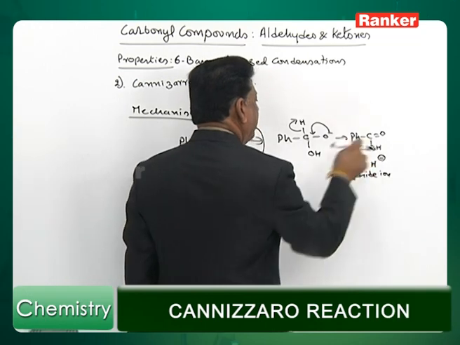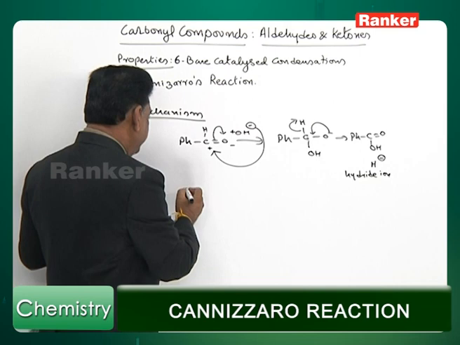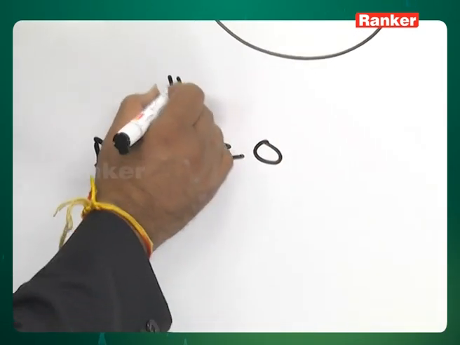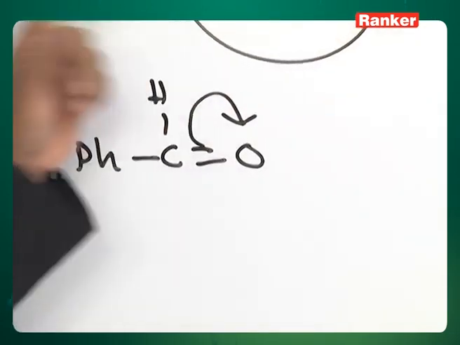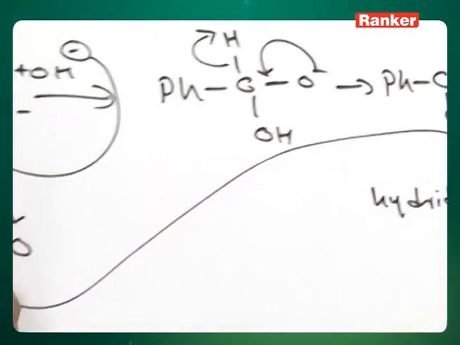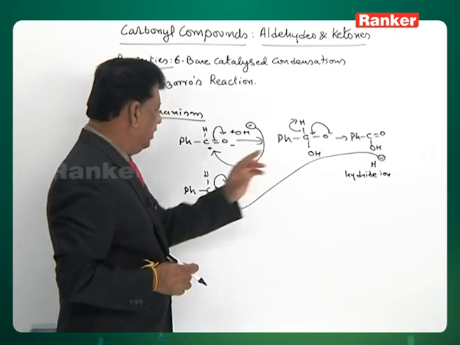So, the hydride ion and benzoic acid are formed. The moment the H minus ion is formed, take another benzaldehyde and show that the hydride ion attacks this one, just like OH minus attacked the carbonyl carbon. Now, this H minus attacks this carbocation.